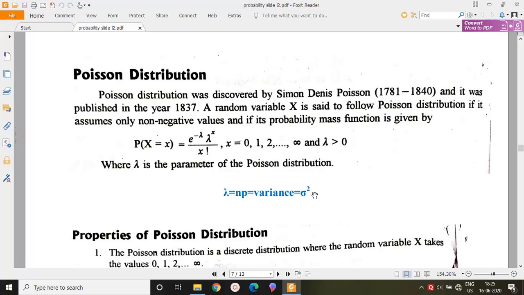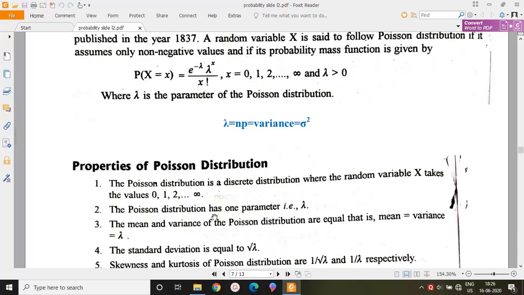Now the question is, in which condition are you going to apply Poisson distribution? Poisson distribution can be derived as a limiting form of binomial distribution. In Poisson distribution, small n, the number of trials, is very large, and np equals lambda is a finite quantity. For a binomial distribution, these two conditions lead to Poisson distribution.